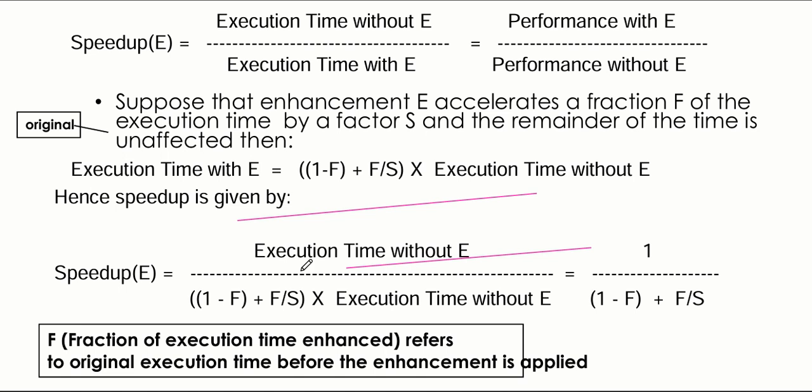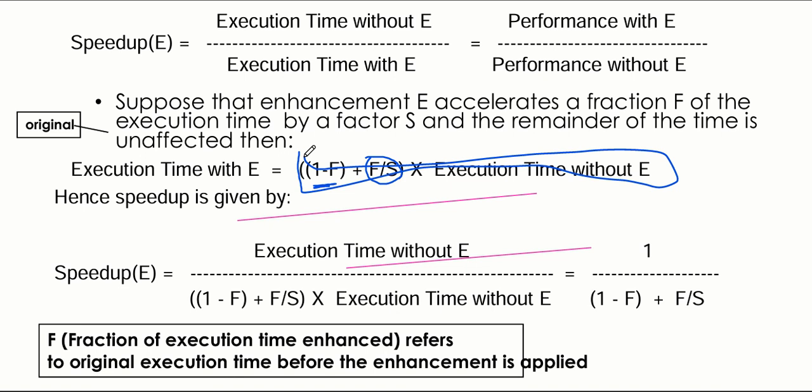It's saying that, hey, listen, no matter how good an engineer you are, if you only enhance part of a machine, there will be some parts which, because they have not been enhanced, will not change, right? And those parts are represented by the 1 minus F. Now the parts which you have enhanced, their time will decrease by a factor of S, right? Yes, and when you multiply this by the total time, you get the total execution time with enhancements, right?